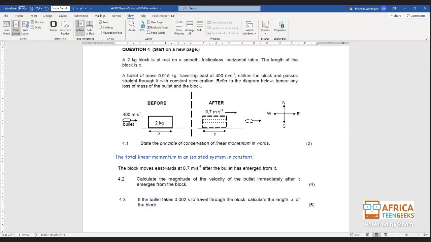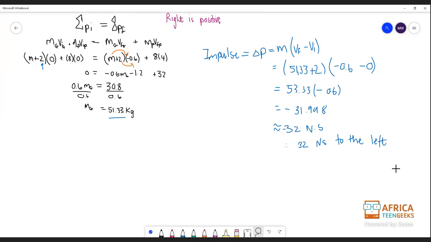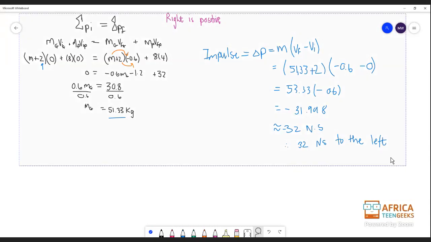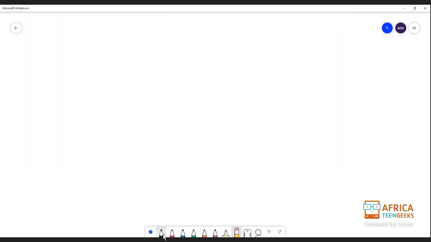So just going to go back to my whiteboard. So we're going to say initial momentum is equal to final momentum.